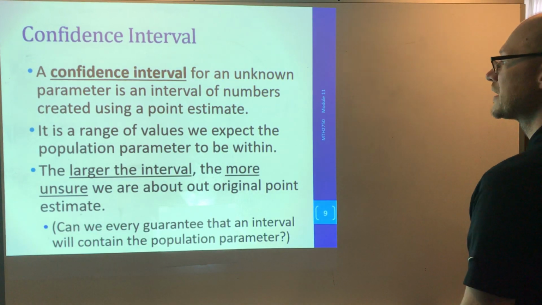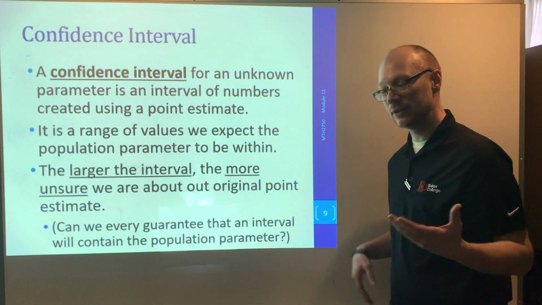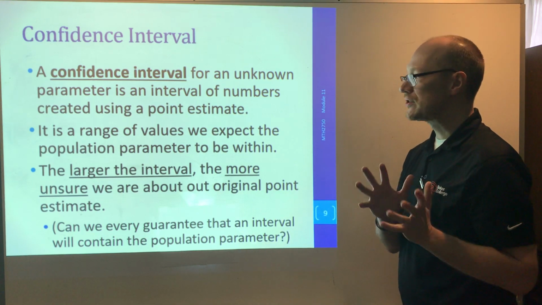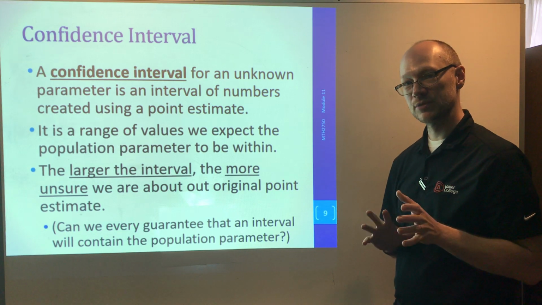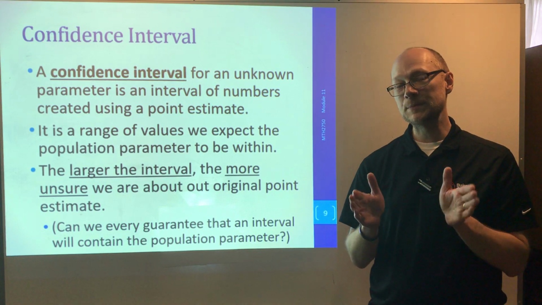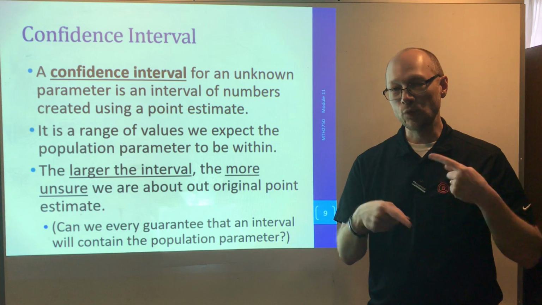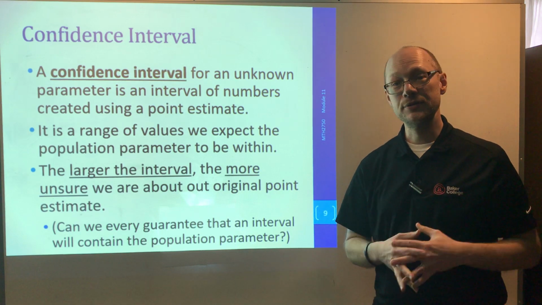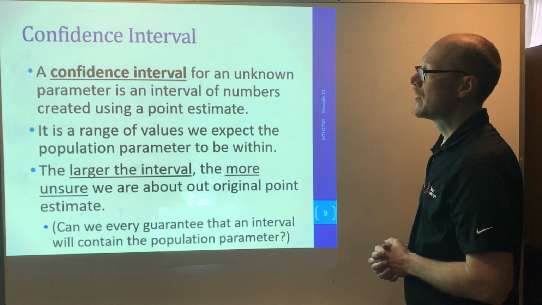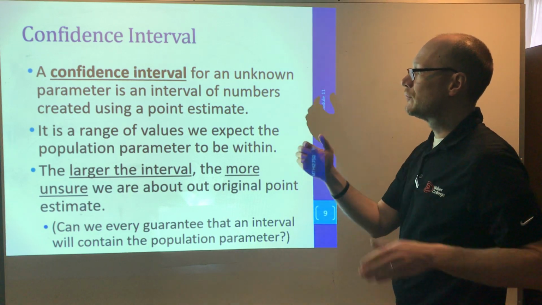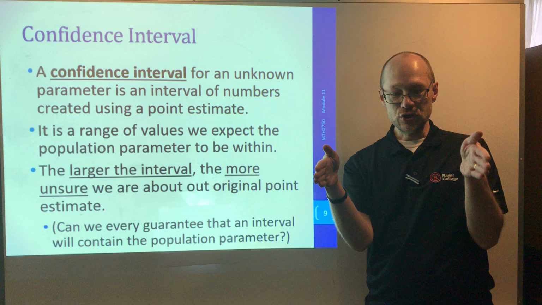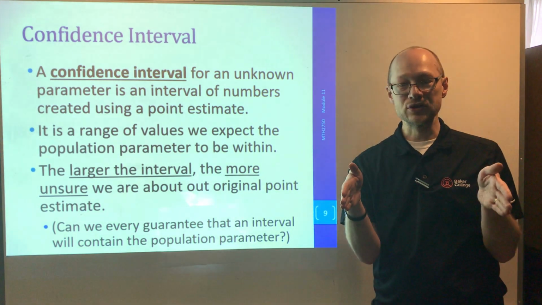So we're going to create this confidence interval, and things get a little potentially confusing as we go through here, especially when you get into some alpha stuff and some z-scores. But hang with me; it seems pretty easy once you have worked through it all, especially with the availability of StatCrunch. A confidence interval for an unknown parameter is an interval of numbers created using the point estimate.